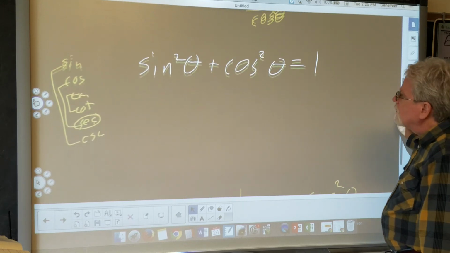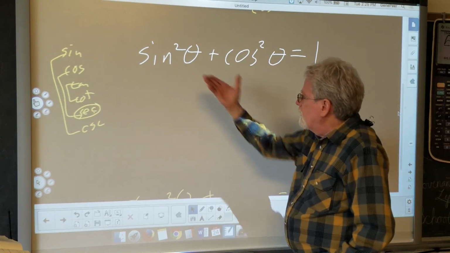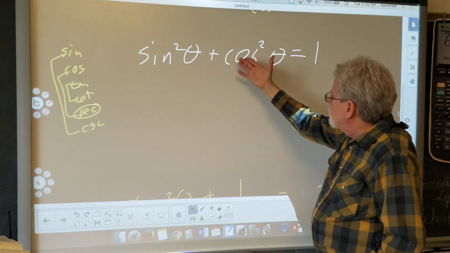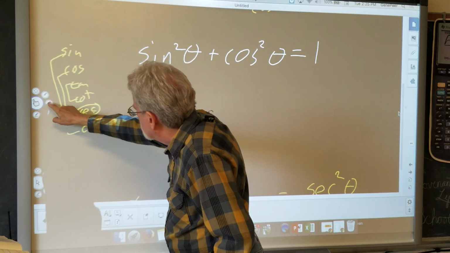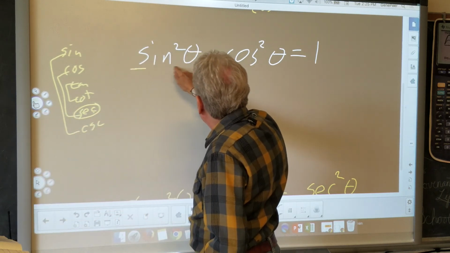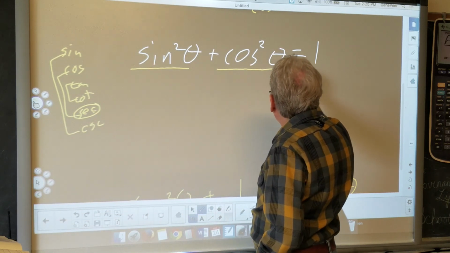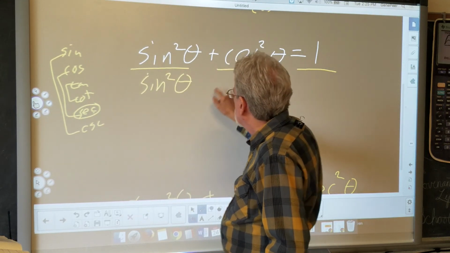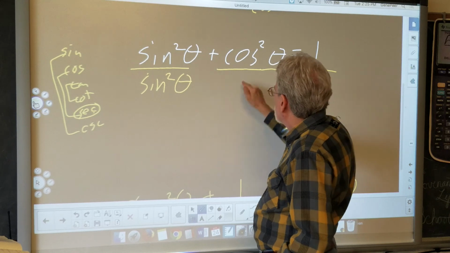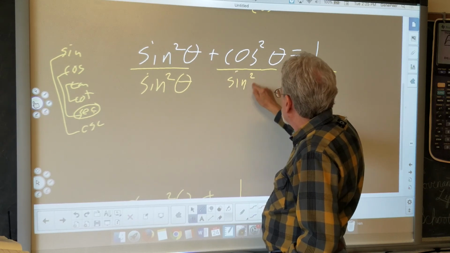Well, now we're going to take that same equation, the Pythagorean theorem, a squared plus b squared equals c squared, and we're going to divide both sides not by cosine, but by sine squared theta.